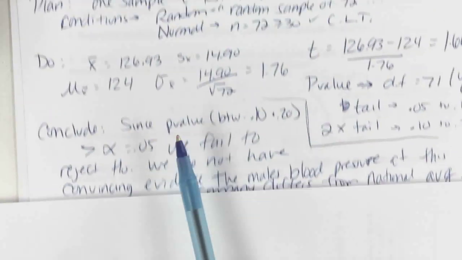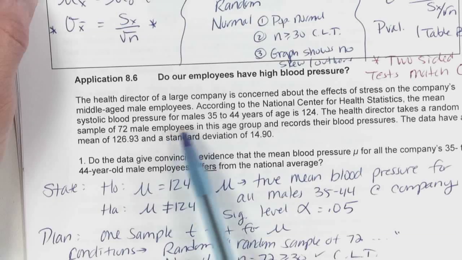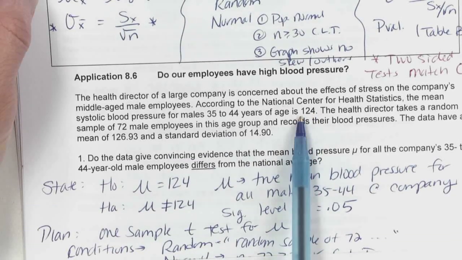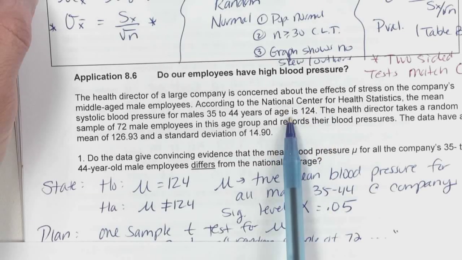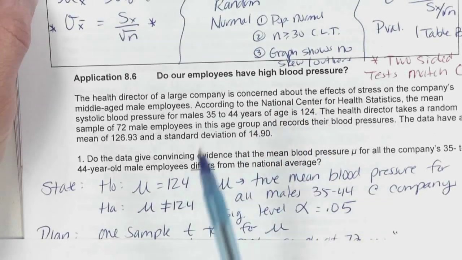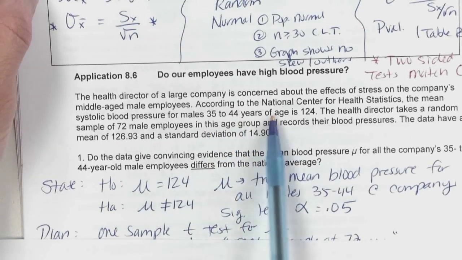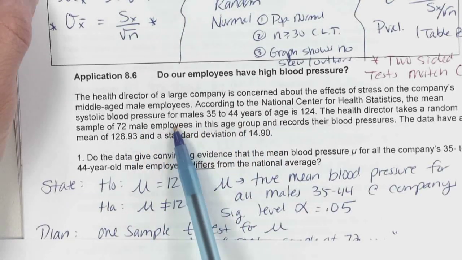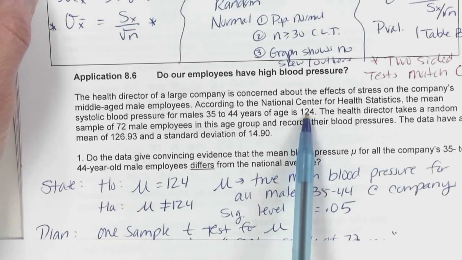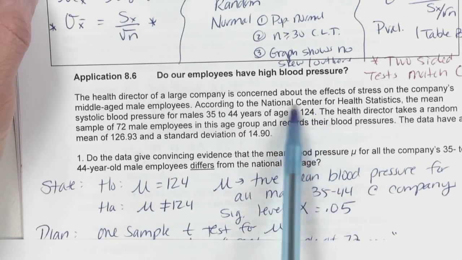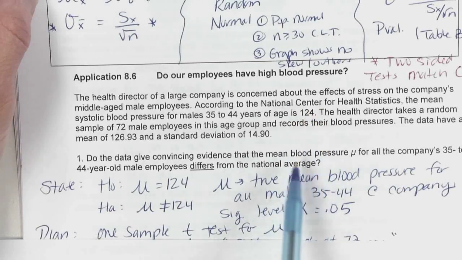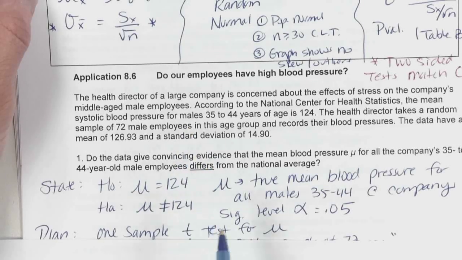We didn't have convincing evidence that their blood pressure was different than the national average. The national average, again, was 124. If we don't have convincing evidence that the male employees at this company differ from the national average, that means that this value must be a plausible value for the blood pressure of all of our male employees at this company.